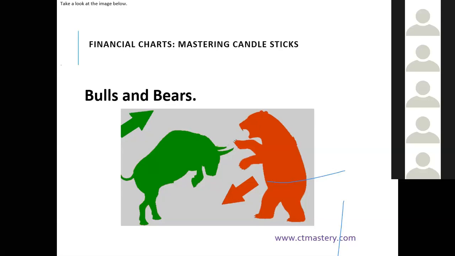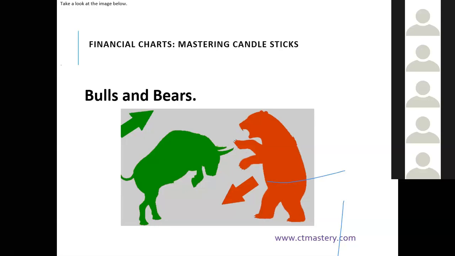Let me start with the bulls. We see the bulls as the buyers. When there is more buying activity in the market, when a lot of people are buying a currency, let me use Bitcoin, when a lot of people are buying Bitcoin, the price tends to increase, and we say the market is bullish.